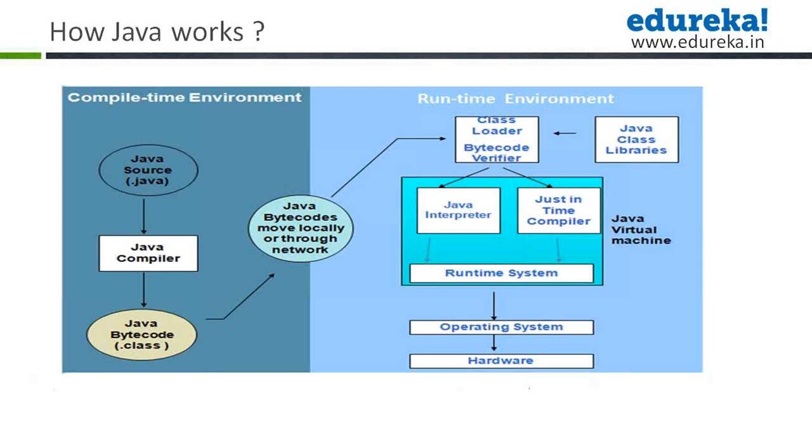Anshika says we can use either interpreter or compiler at once, but here we are using both simultaneously. How? We are not using both simultaneously. What is happening? As soon as the bytecode reaches, this interpreter will read the bytecode one after the other. But at times, when the system feels that the code is getting reused again, the just-in-time compiler converts the bytecode into machine instructions and saves it into the cache memory.